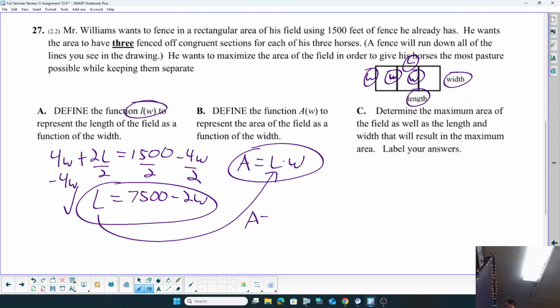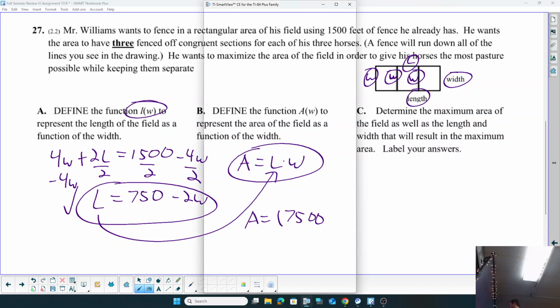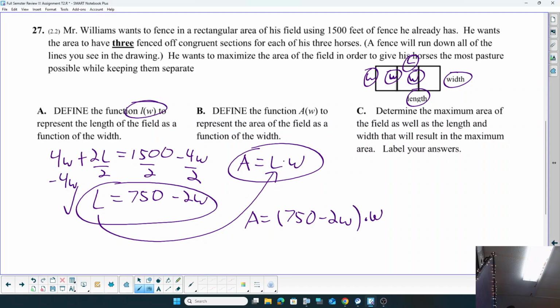So area is equal to, instead of L, you're going to plug in 750. Sorry, half of 1,500 is 750. And then minus 2W, and then times W.